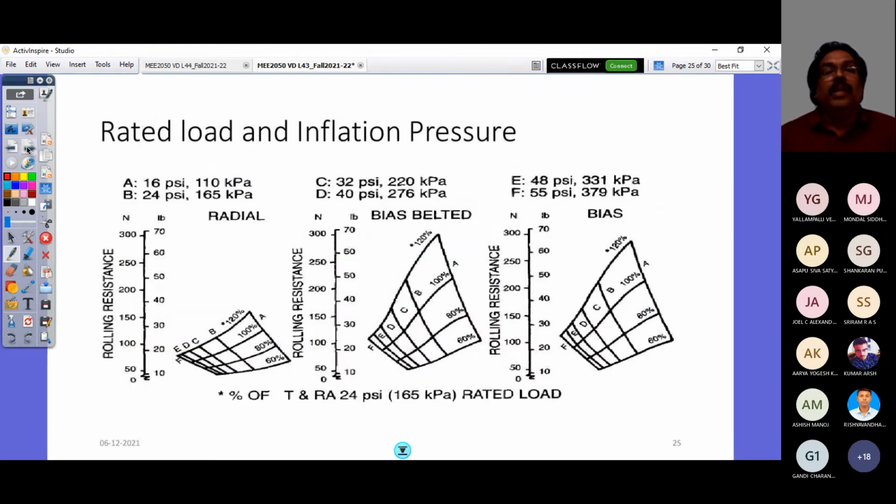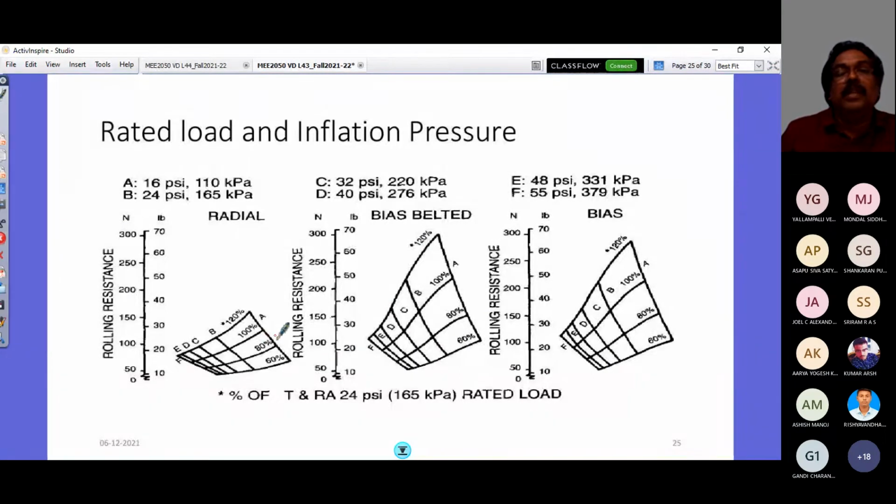And then if you look at rated load and inflation pressure influence, you see here the rated load is 100% if you consider. The inflation pressure is 165 kilopascal, and you can say that the pressures are represented by alphabets A, B, C, D. These inclined lines are the pressure lines, and the upward inclined curves are the loading.